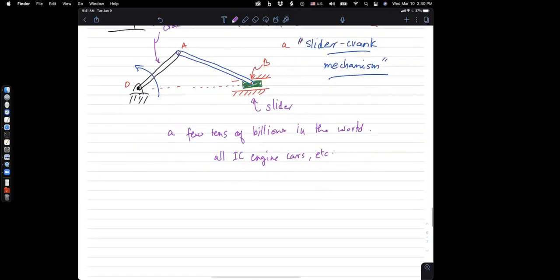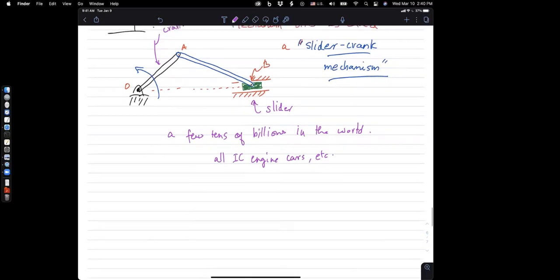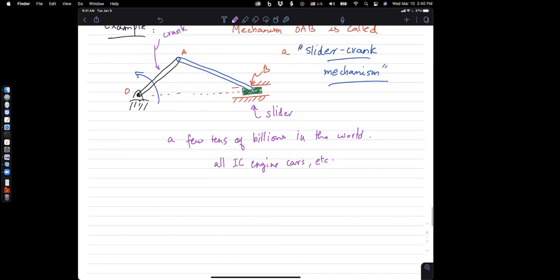I don't know if you have too much time to actually finish a problem, but let me start it. I'll set up the problem, and then I'll probably finish it next time. The problems that you'll see in this world are where you are given the rotational motion of one part of a mechanism. It could be this mechanism or other mechanisms.